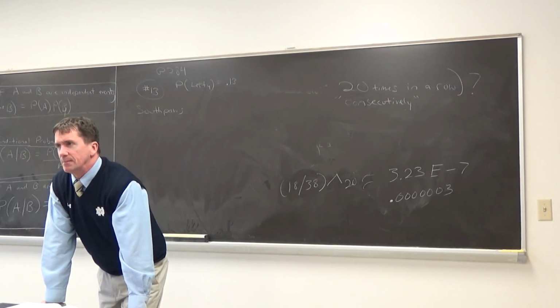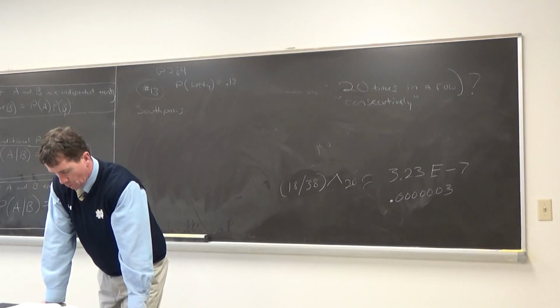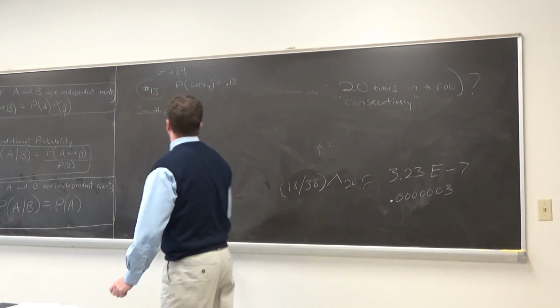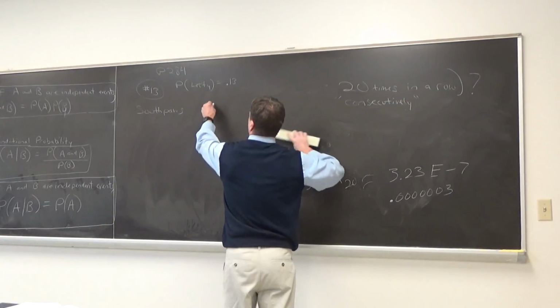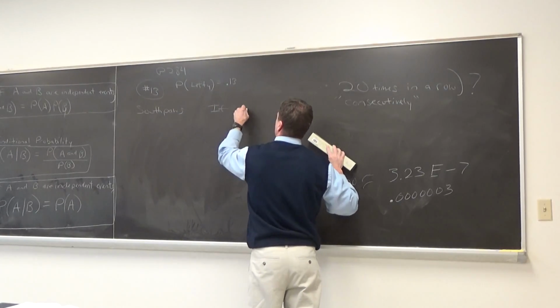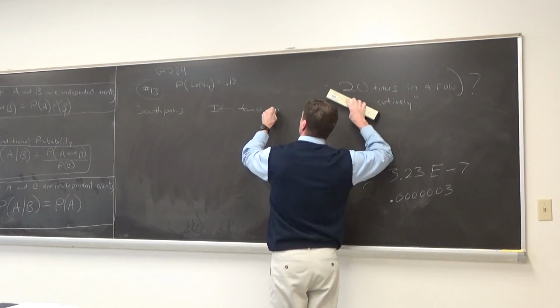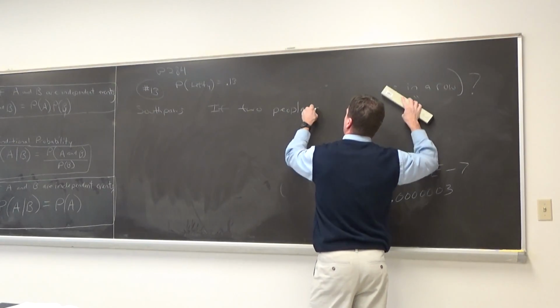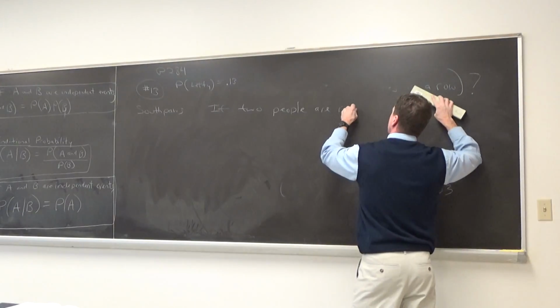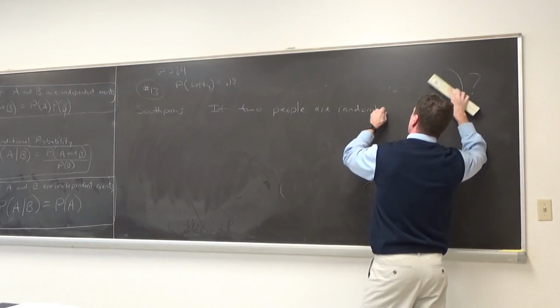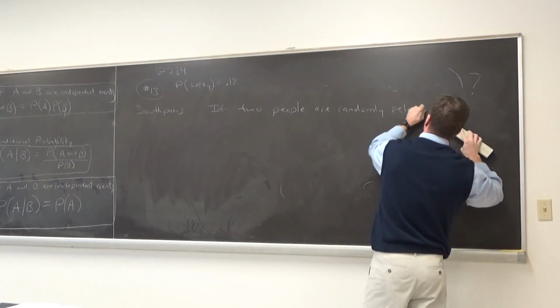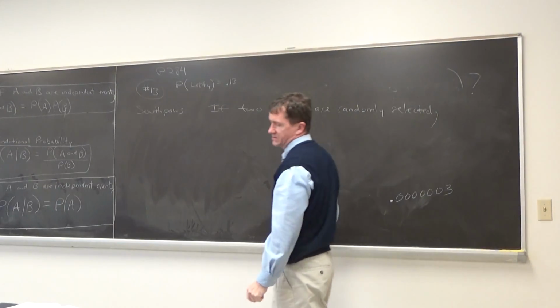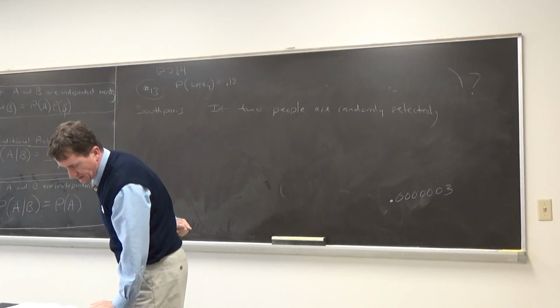If 2 people are randomly selected, what is the probability that both are left-handed? I'll write that on the board. If 2 people are selected. Notice he said randomly. They didn't go to like a lefty club, right? 2 people are randomly selected. All right. They said, what's the probability that both are left-handed?